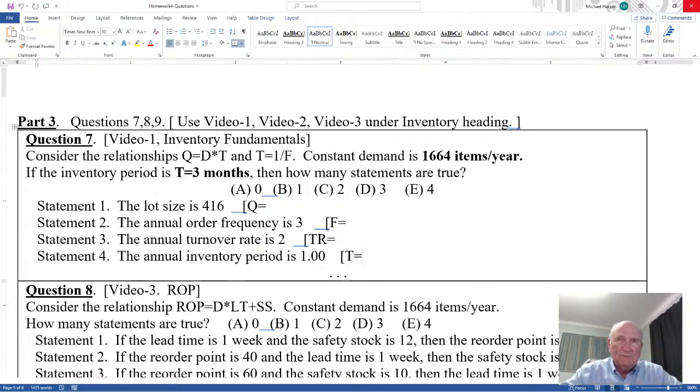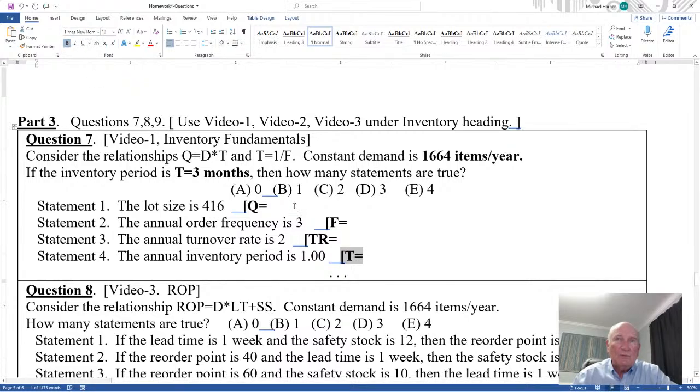So that's what I'm asking. Notice all of this comes from Q equals dt or Q equals d over F. So here, I'm just going to put these equations in here a little bit. F equals, let me do it this way. Bold these, bold this, and bold this.